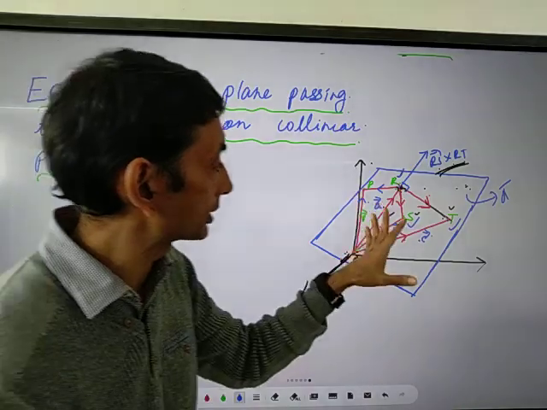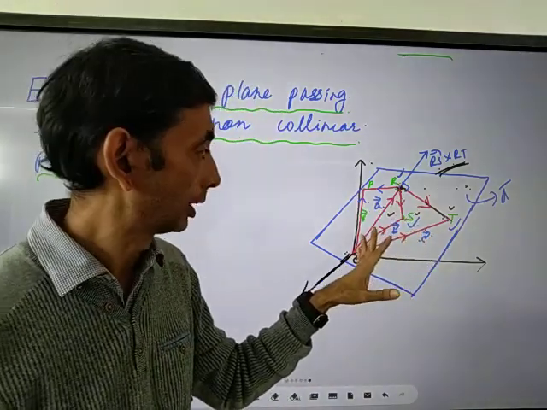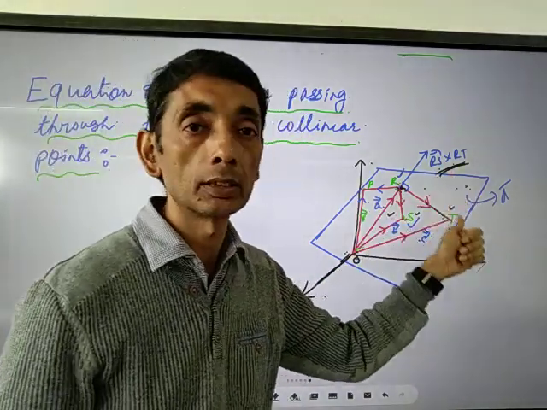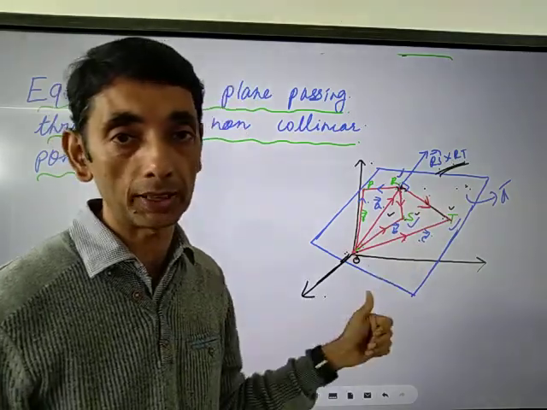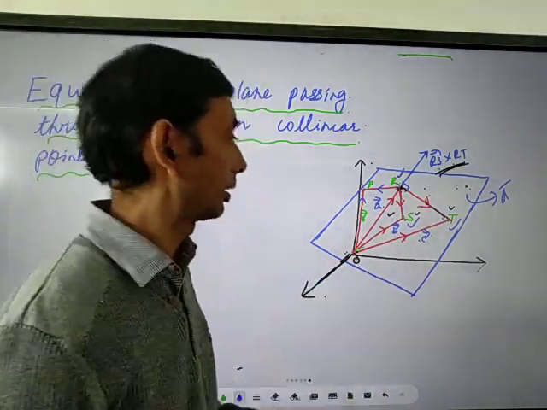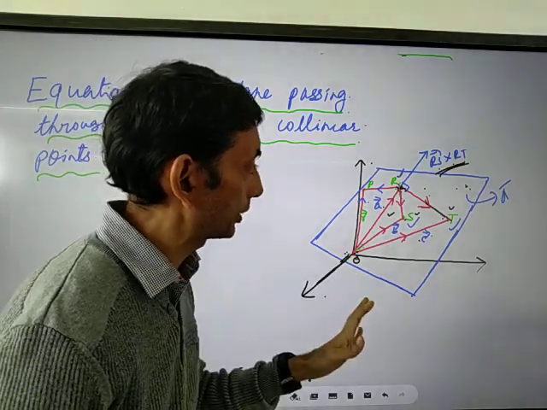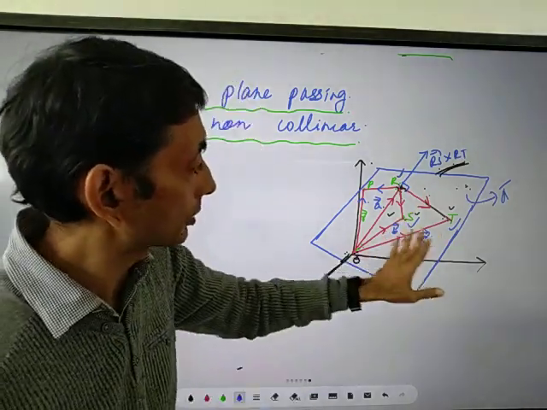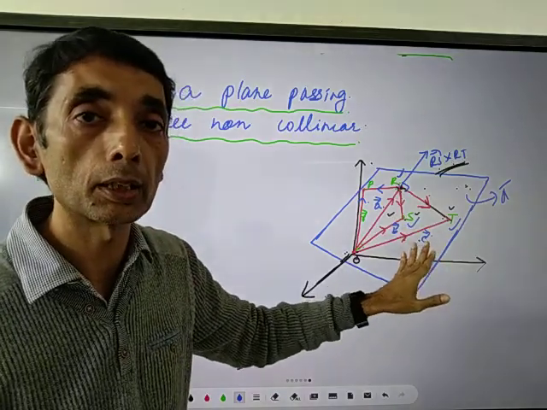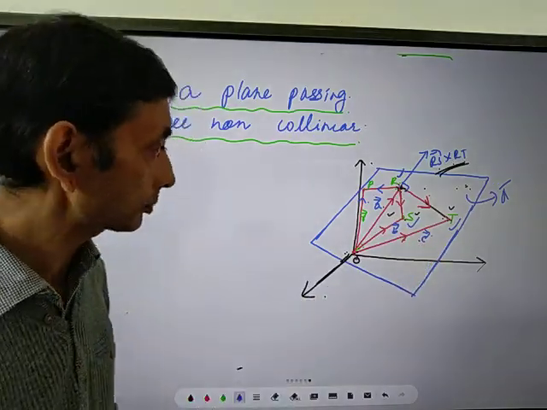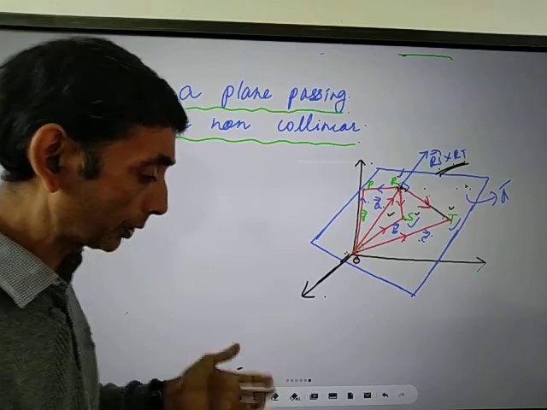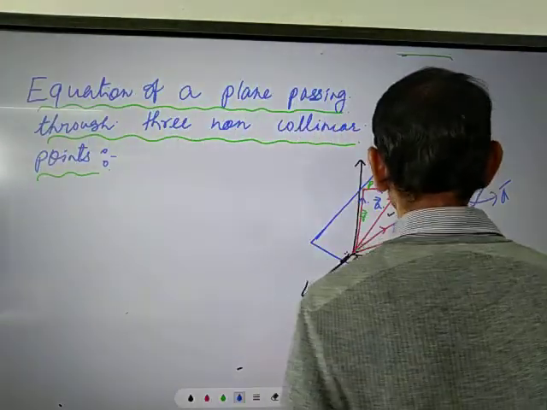We know that if the points are non-collinear, we can uniquely define a particular plane. We can derive the equation of the plane with the help of this information, and we know that through these non-collinear points, one and only one plane can be considered. Before that, let me explain another very important point.